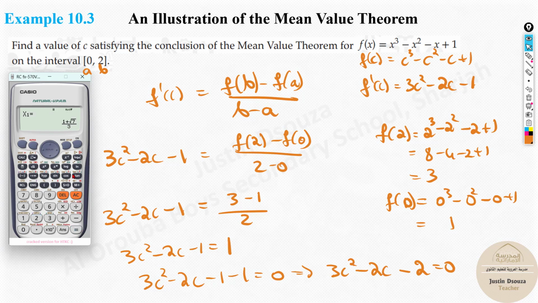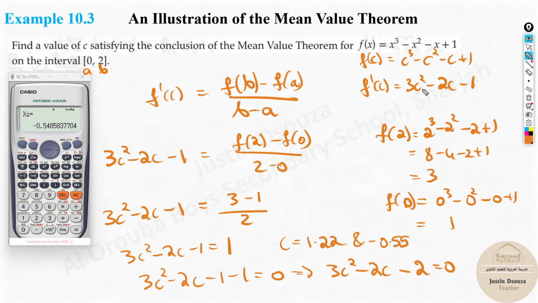What are the values? It's 1 plus root 7 over 3, that is 1.22. Let me just write it out over here. C is equal to 1.22. I just approximated it. And the other value is minus 0.55.